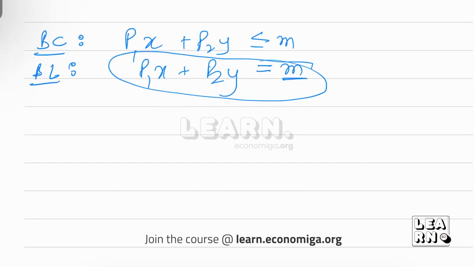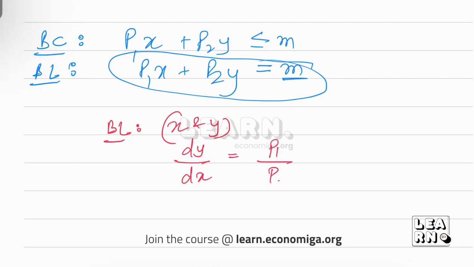Any budget line BL is a function of two variables here, X and Y. So the slope of the budget line, dy by dx, is given by their respective prices, P1 upon P2, accompanied by a negative sign. So how does this formula come?